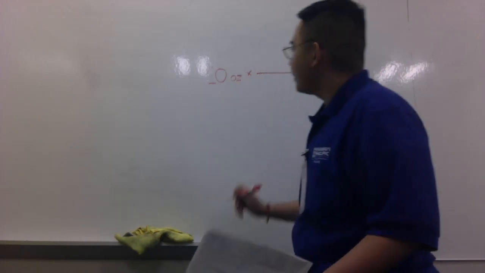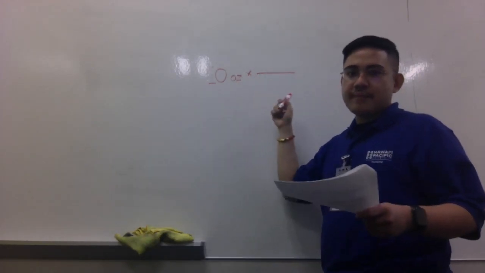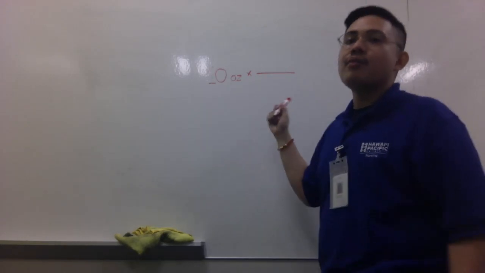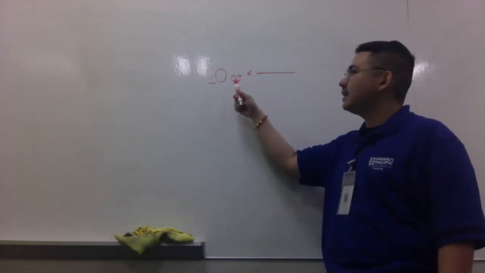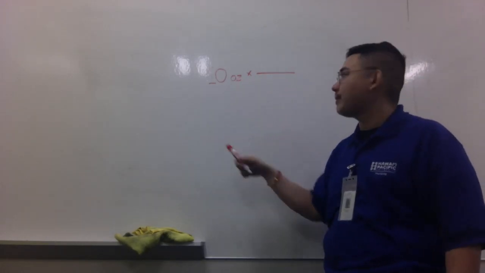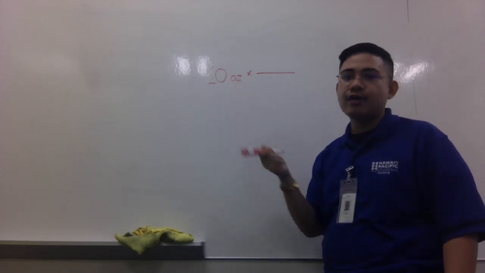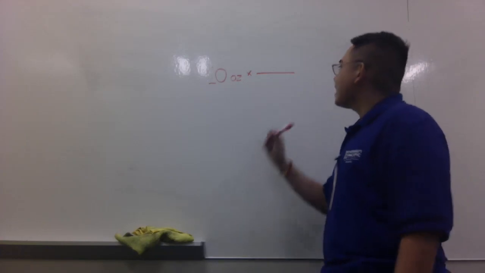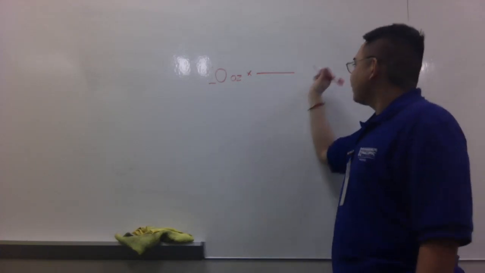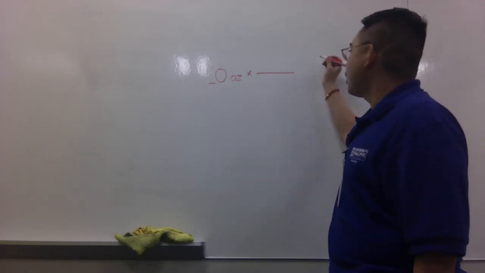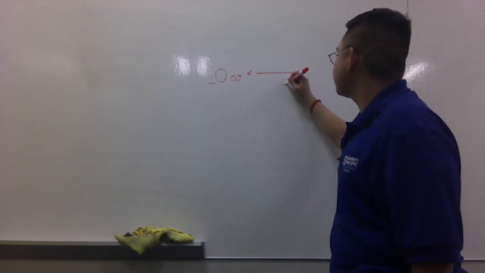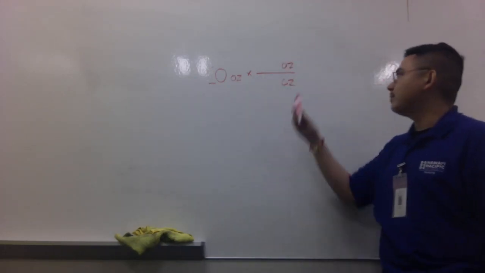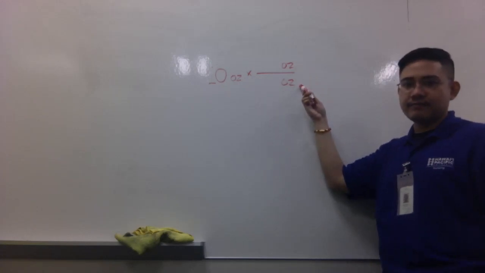So we want this in mLs because the question is asking how many mLs. What do we do here in order to get the ml? Remember, we have an ounce, so where do we put the ounces? Do we put it on the top, or do we put it on the bottom?